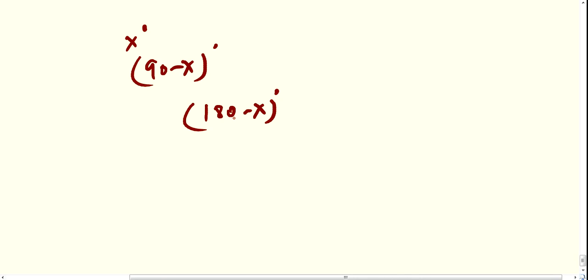Then find the value of x degrees if its supplementary angle is 3 times its complementary angle. Now what is the supplementary angle? This one, 180 minus x.